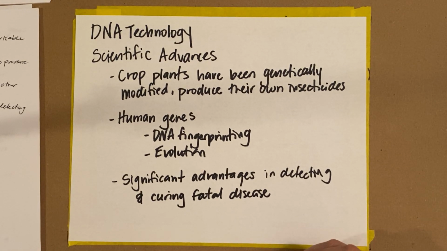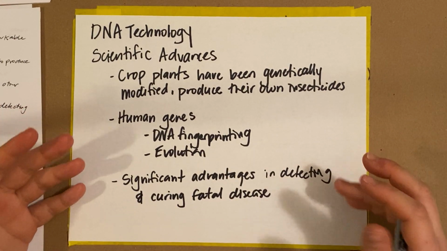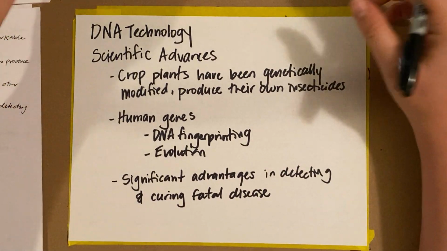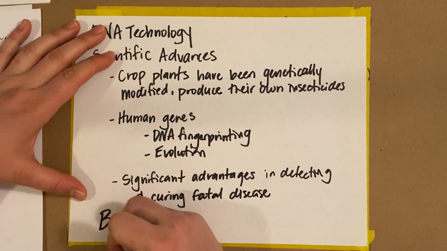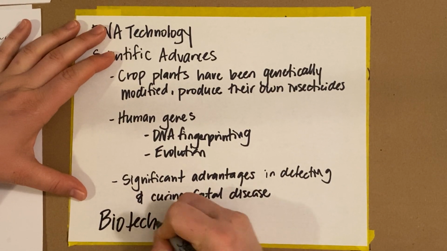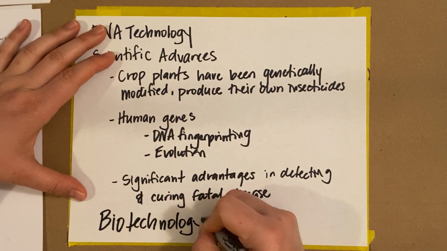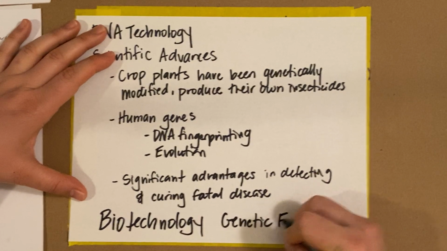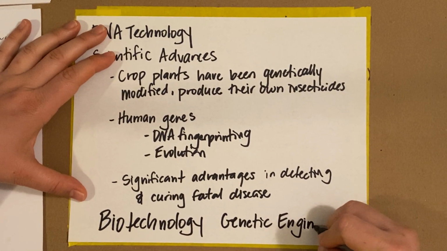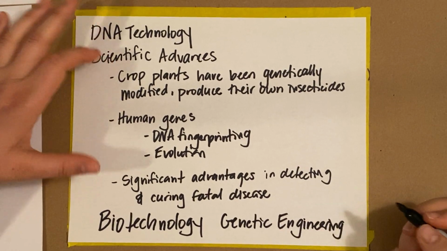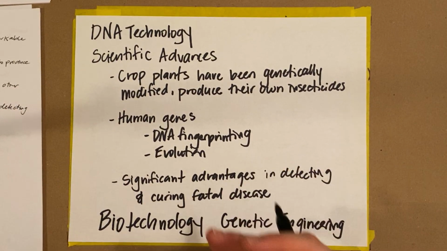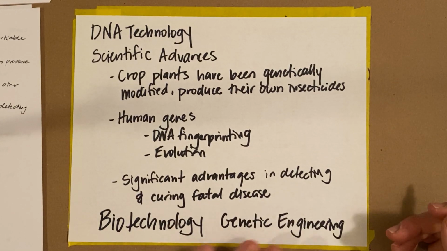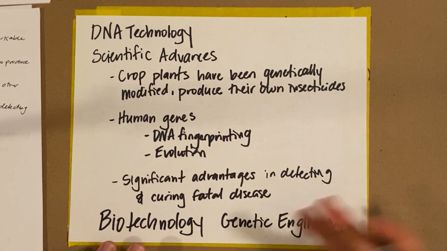All right. So a lot of what we're going to be talking about today, we're going to say different terms like biotechnology and genetic engineering. Okay, so I think genetic engineering would be under something like biotechnology.